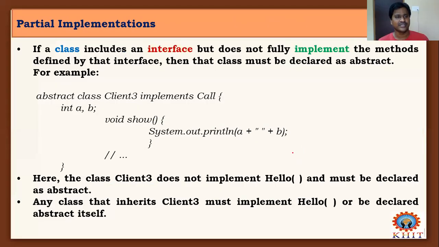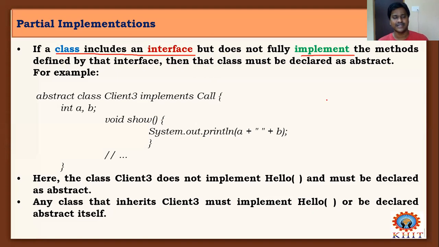Next, coming to the concept, sometimes we may use partial implementations in Java programs. See here, if a class includes an interface but does not fully implement the methods. Remember this point, sometimes you may get an interview type of question like this. If a class includes an interface, that means when a class implements an existing interface but does not fully implement it.